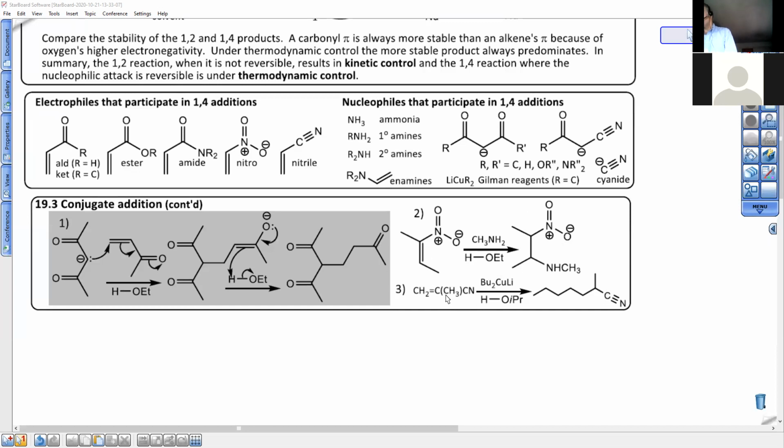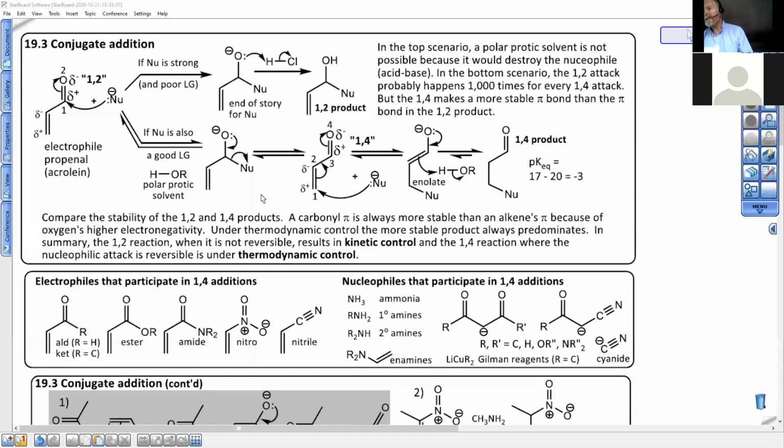Similarly, this is much like this one over here, a nitrile. It's got an extra methyl on this carbon. It doesn't change things. Gilmans are on my list here. Okay, we got to remember Gilmans, if given a choice, well, we know they don't do 1,2 addition. We said so way back in chapter 15. Gilman won't do what an organolithium does.